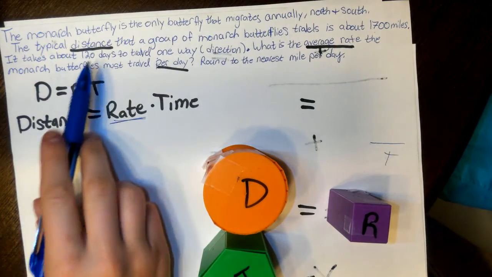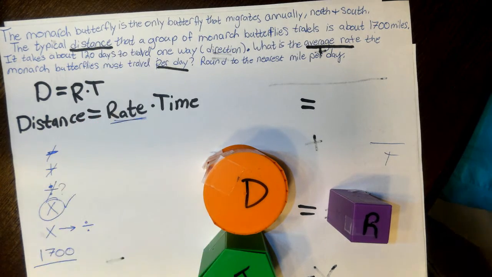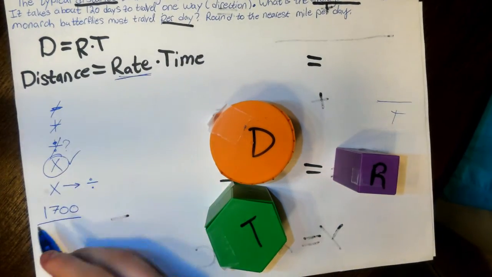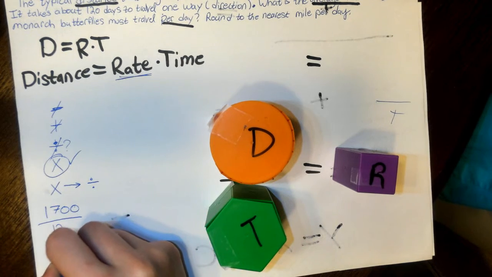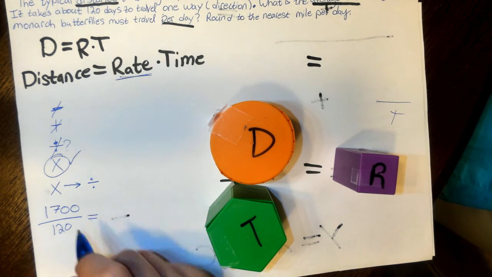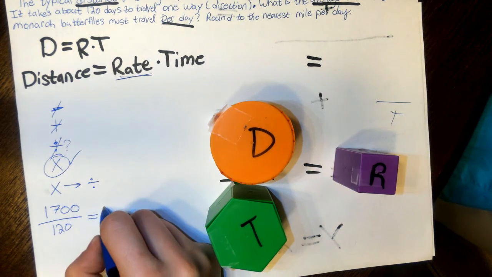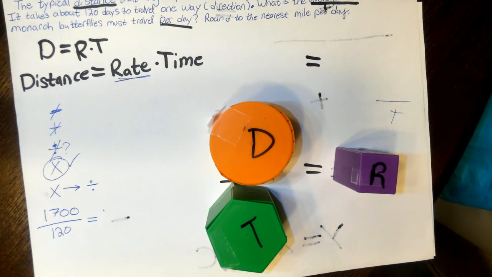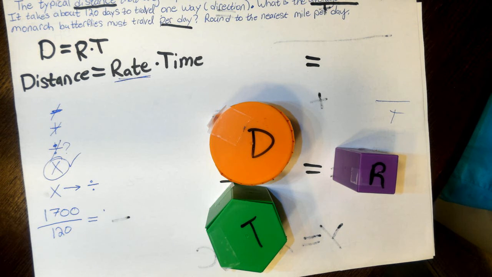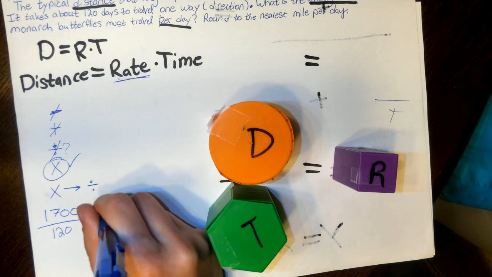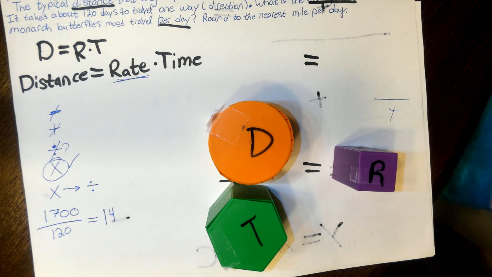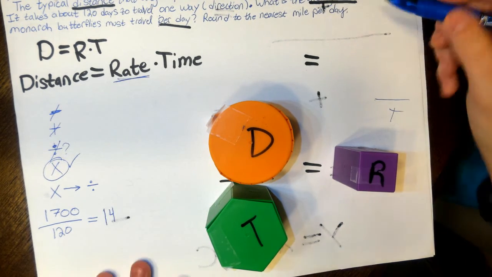Takes about 120 days to travel. So divided by the time, just 120 days, is equal to R. And 1,700 divided by 120 is equal to about 14, because we're rounding to the nearest mile per day.